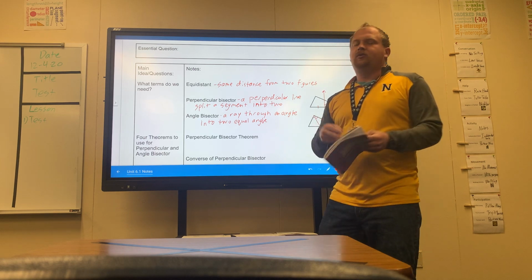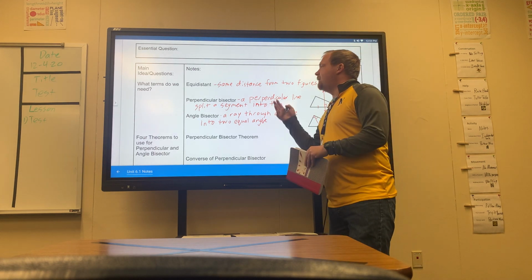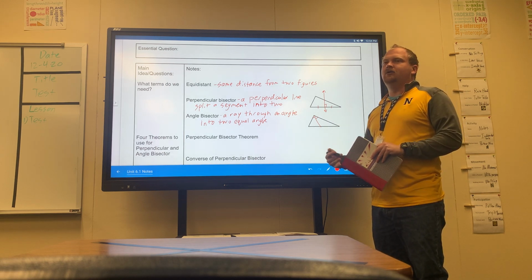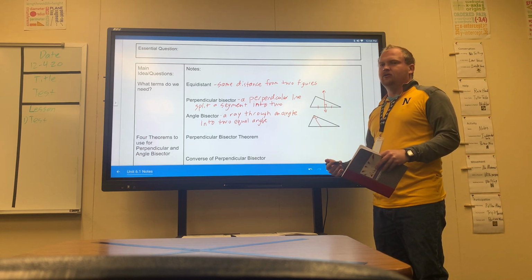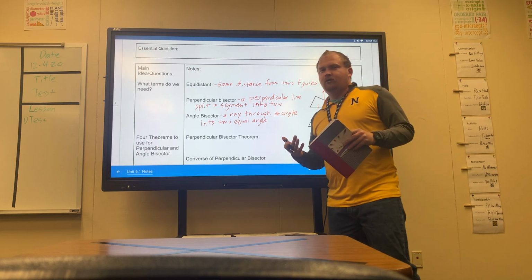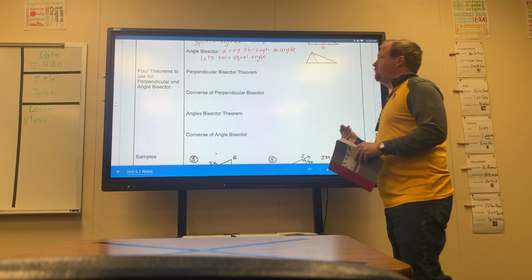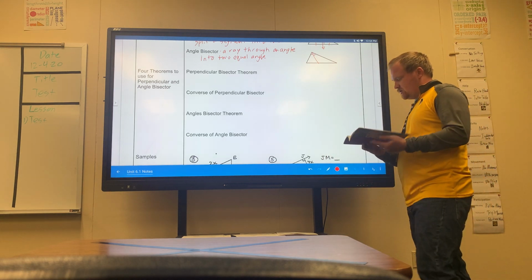Now, there's a lot of different things that are unique about perpendicular and angle bisector. And we'll talk more about this tomorrow when it comes to triangles, but there's some theorems we need to discuss. First off, we have the perpendicular bisector theorem.